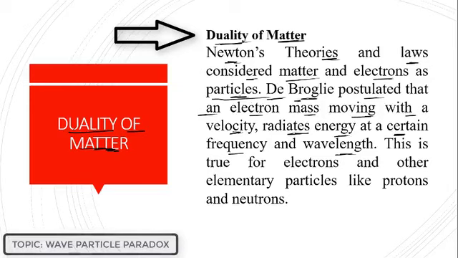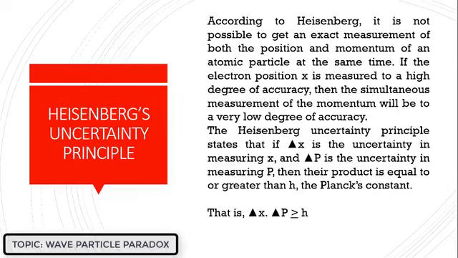Building on what Isaac Newton said, De Broglie went on to say that an electron mass moving with a velocity gives out energy at a certain frequency and wavelength, so frequency and wavelength are very important for electrons moving with certain velocity. This principle is true for electrons and other elementary particles such as protons and neutrons.